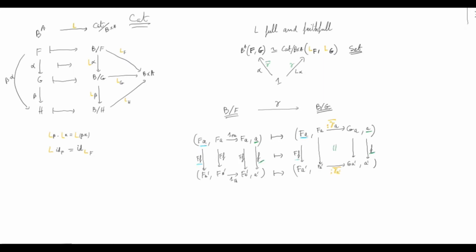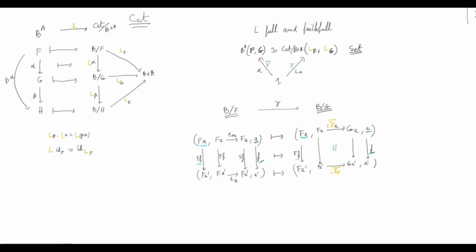Well, for any morphism in B over F, we have a morphism in B over G. The pair f of F is certainly a morphism in B over F, because the middle square commutes, which joins f of a to f of a prime.